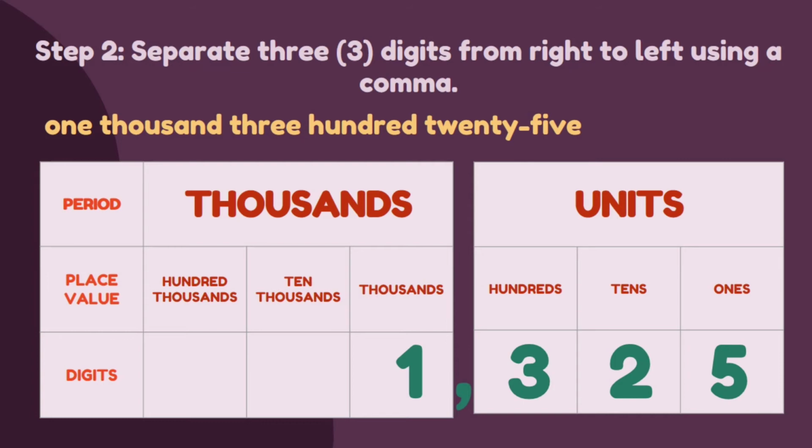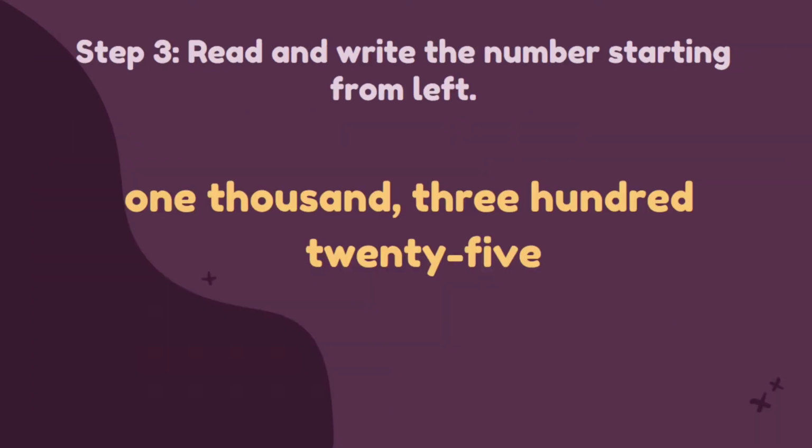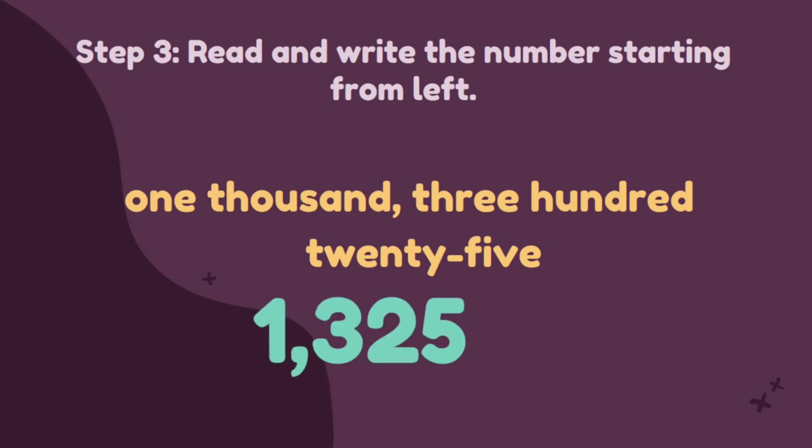We separate 3 digits from right to left using a comma. Step 3. We can now read and write the number starting from left. So, 1,325 is written as this in symbol 1,325.